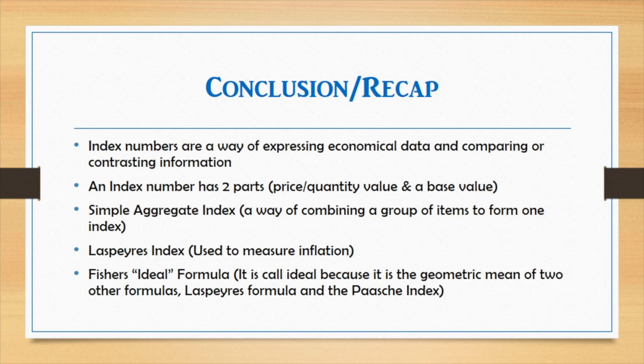So in conclusion, I would say that index numbers are a way of expressing economical data and comparing or contrasting information, and also that the index number has two parts to itself, which is price, quantity, a value, and base value.